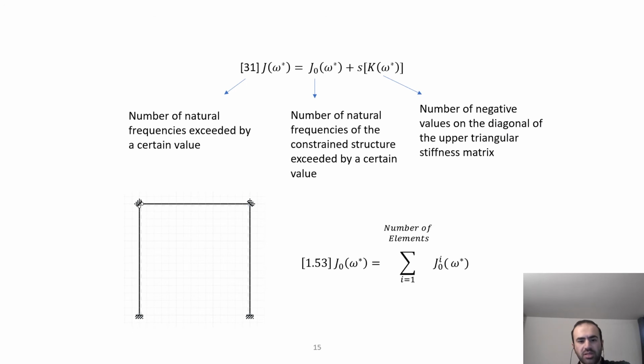The algorithm suggests that you can find the number of natural frequencies exceeded by a certain value, like omega star, by calculating J0, which is the number of natural frequencies of the totally constrained structure exceeded by a certain value, plus the number of negative values on the diagonal of the upper triangularized stiffness matrix of your system. And then you can use bisection method or any other root finding methods to search for the natural frequencies that are in a certain range.